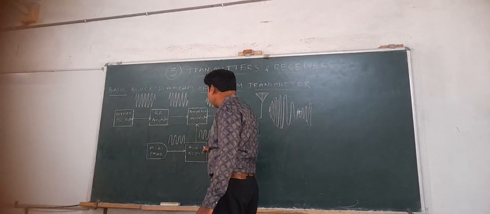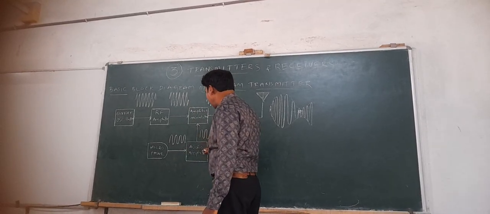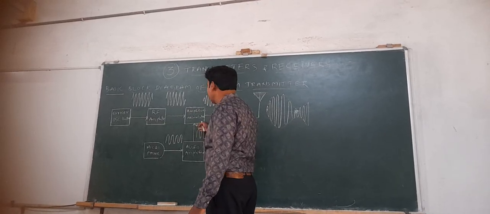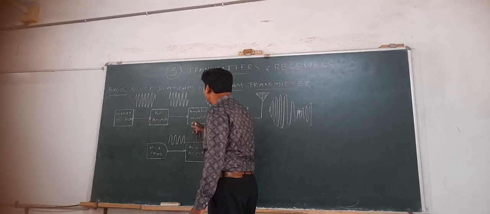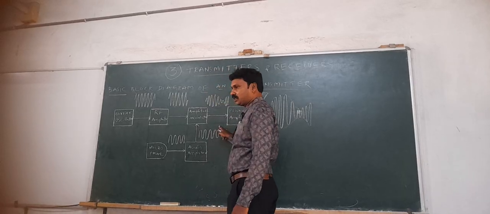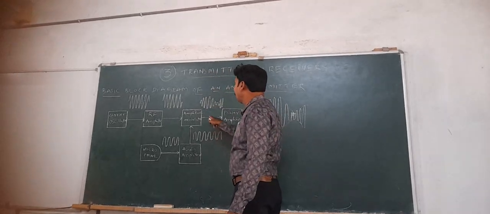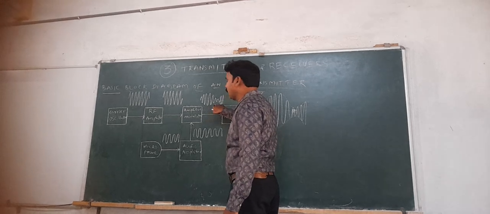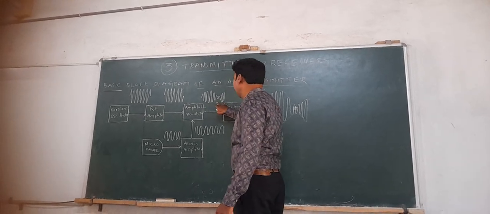The output of the audio amplifier is applied to the amplitude modulator. Now it is able to produce the amplitude modulated wave.